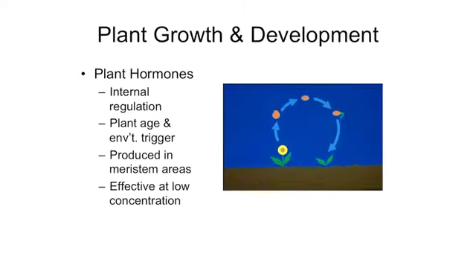Day length, temperature, those kinds of things will trigger or stimulate the production or activity of one or more of those hormones. That's what triggers the plant to respond in a certain way, because it turns on or off some of these essential processes, or slows them down. So that's kind of how the triggering mechanism works in plants.